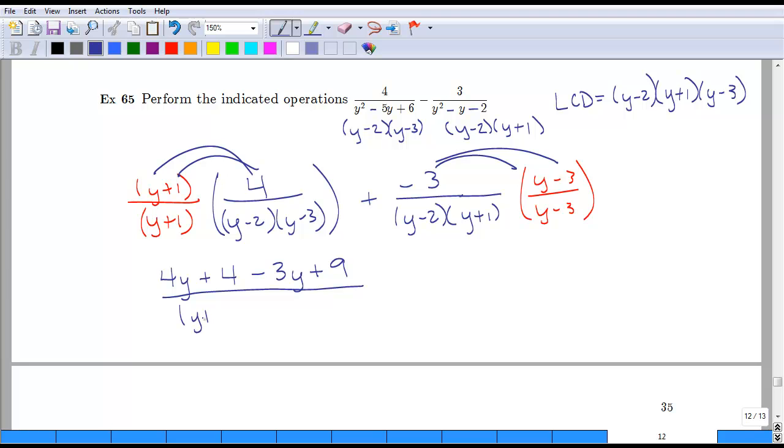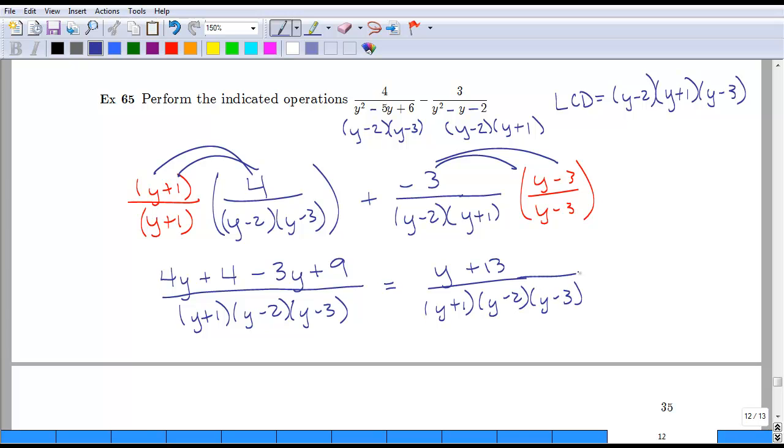And we have our common denominator of y plus 1, y minus 2, y minus 3. So if we combine our like terms, we have 4y minus 3y is y, 4 plus 9 is 13, and we have our common denominator y plus 1, y minus 2, y minus 3. And that is our final answer.